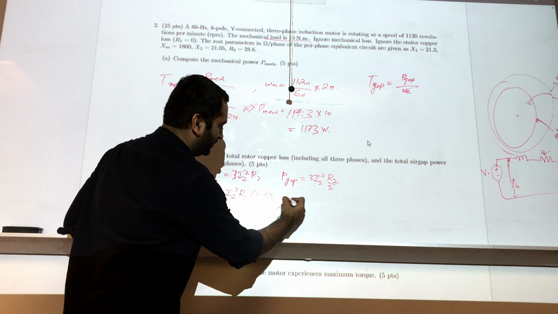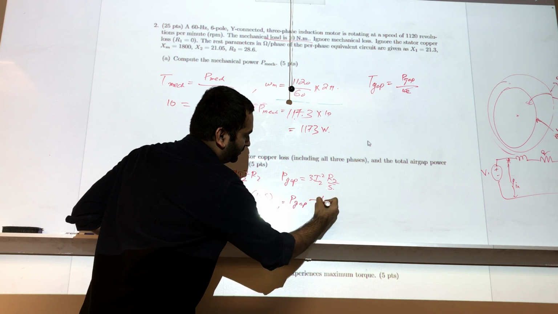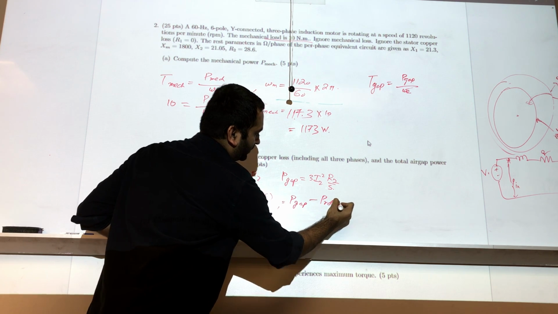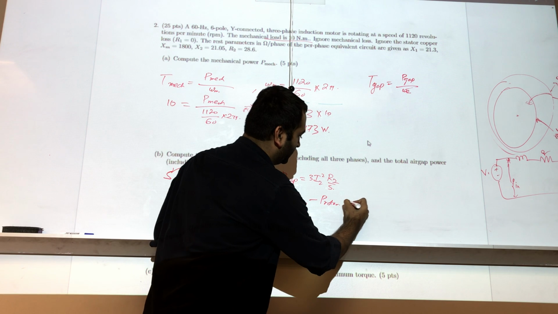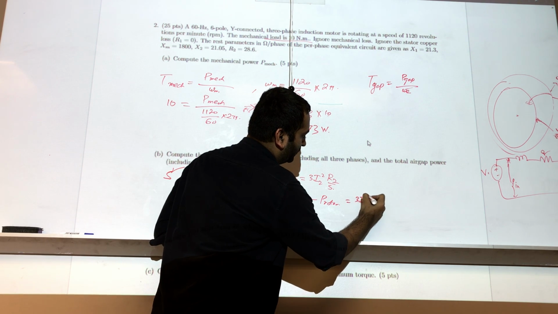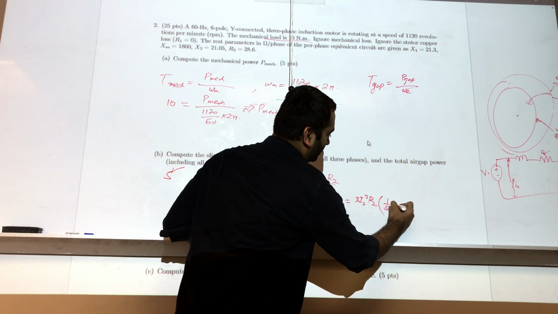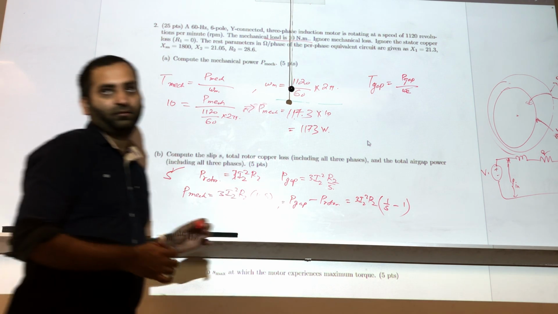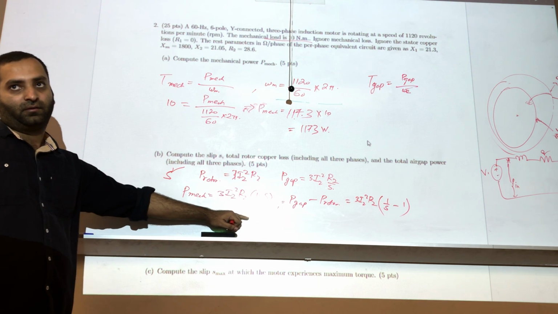Pmech is P air gap minus P rotor. If I take 3 I2 square R2 common, it will be 1 over S minus 1.